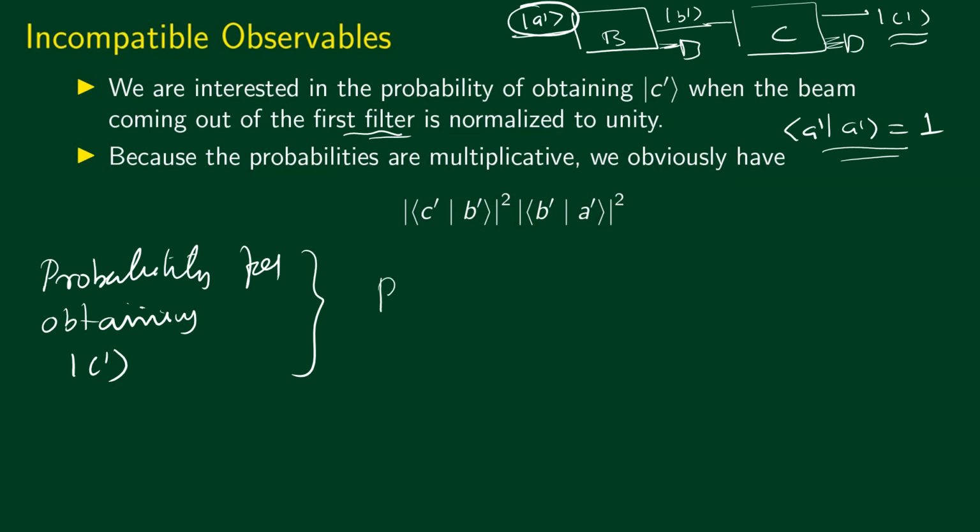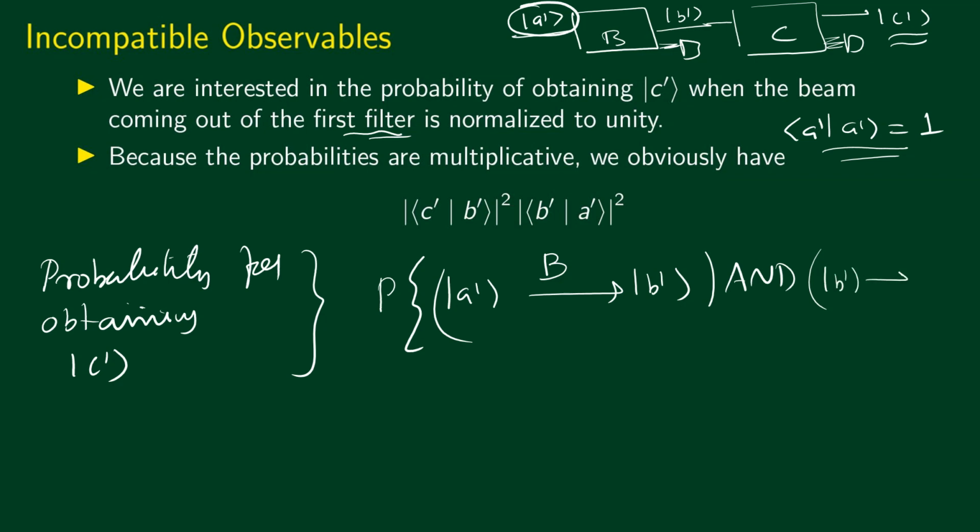So this is equal to the probability that first ket A prime changes to ket B prime under a measurement of observable B, and ket B prime changing to ket C prime under the measurement of observable C. These two things have to happen.